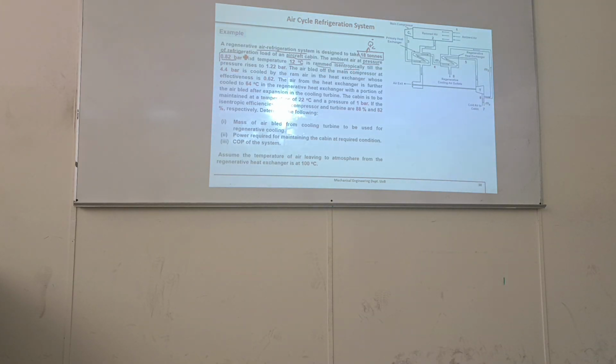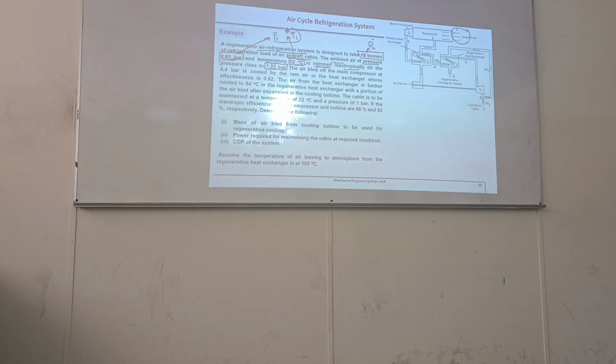So this represents which point in the figure? Ambient air means this is P1, T1, this one. It is rammed isentropically till the pressure rises to 1.22 bars. So what is this point?